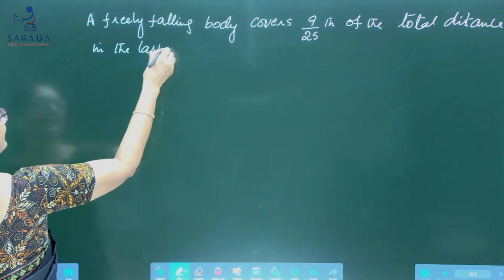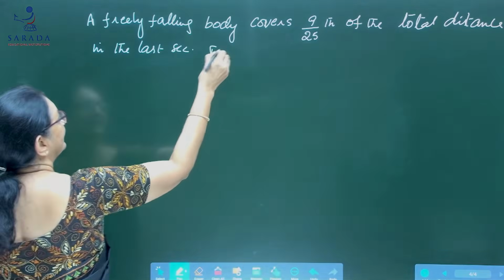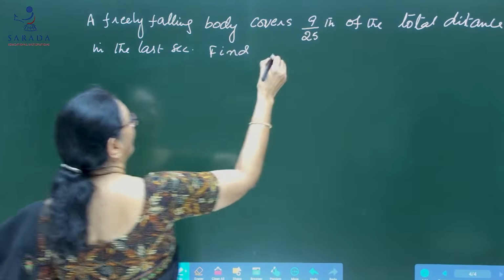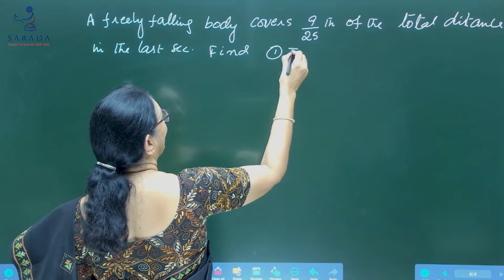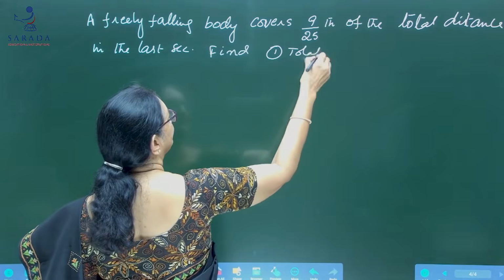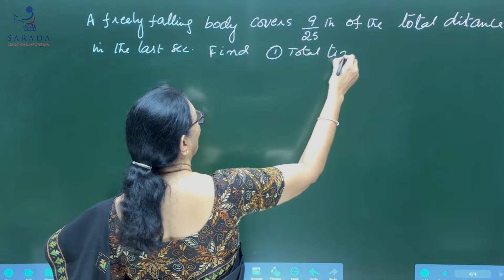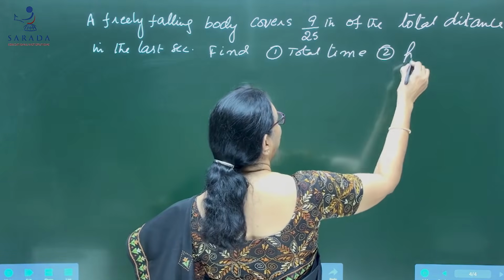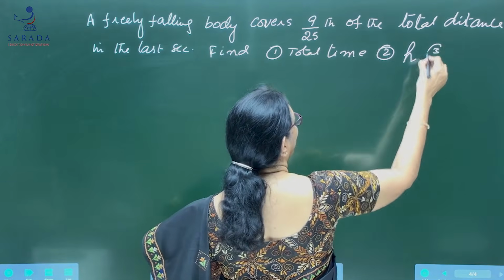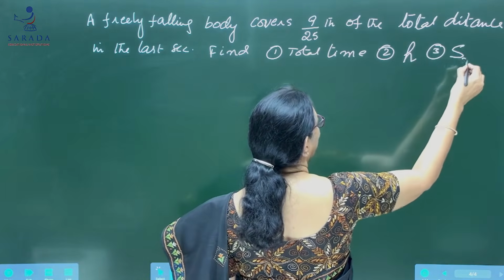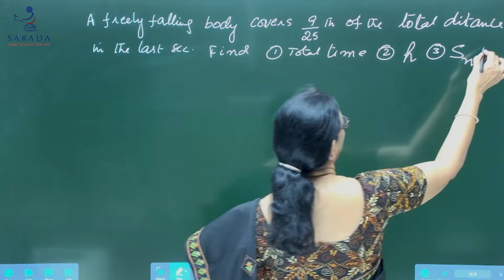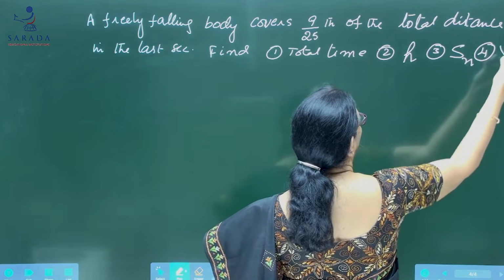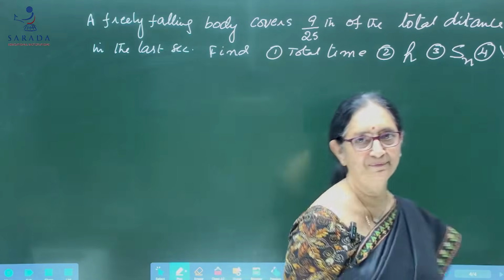Find 1, total time of free fall; 2, height of free fall; 3, displacement in the last second; 4, velocity on reaching the ground.